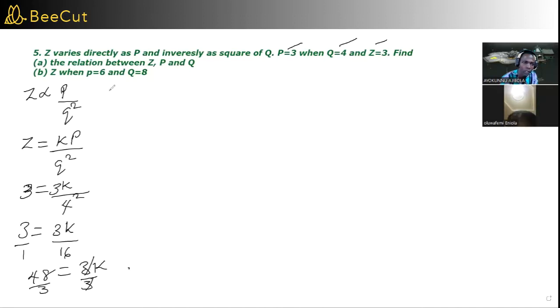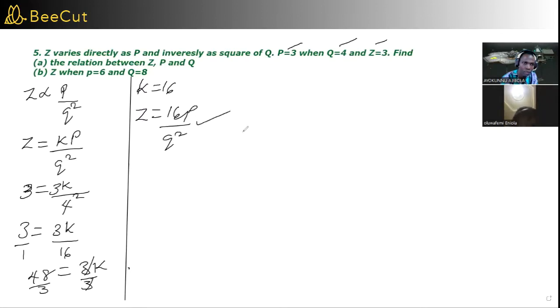What is 48 over 3? That is 16. So k equals 16. Once k is 16, to find the relation, I put k back here. So Z equals 16P all over Q squared. That's the relation. I've solved the first question. The second one says find Z when P is this and Q is that.